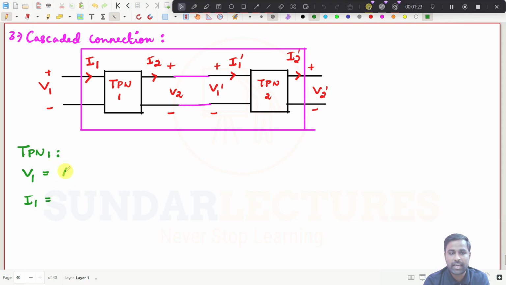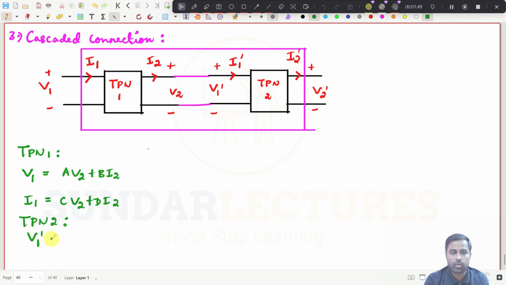So it will be V1 is equal to A into V2 plus B into I2, and I1 is equal to C into V2 plus D into I2. This is for the first network, because it is V1, I1 and then V2, I2, right? Now for two-port network 2, I will write down here: this is V1 dash, V2 dash and I1 dash, I2 dash, right?